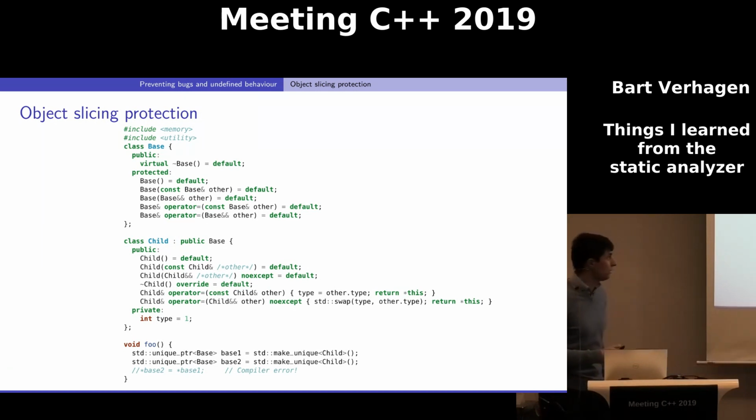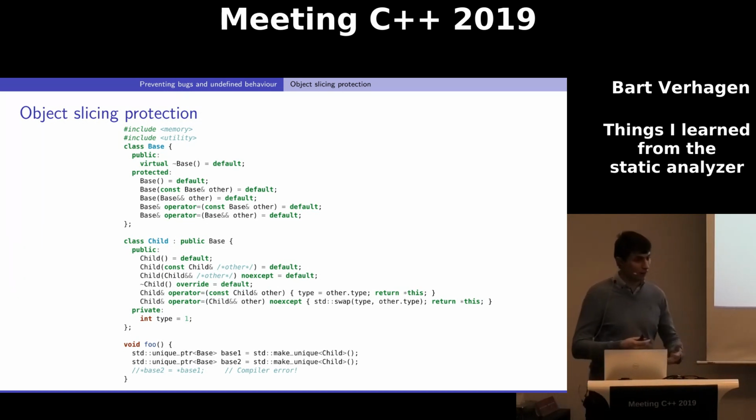And it turns out that if we do apply it here, meaning that we define all the other ones, we will put them in protected in this case, because the base class is not supposed to be used as a concrete type.